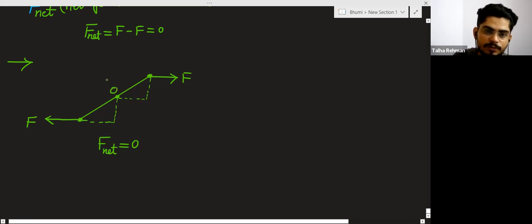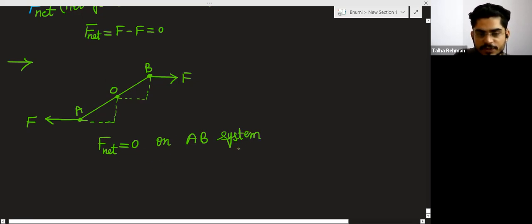There is a center O. If the net force is 0, then translational motion will not be possible.